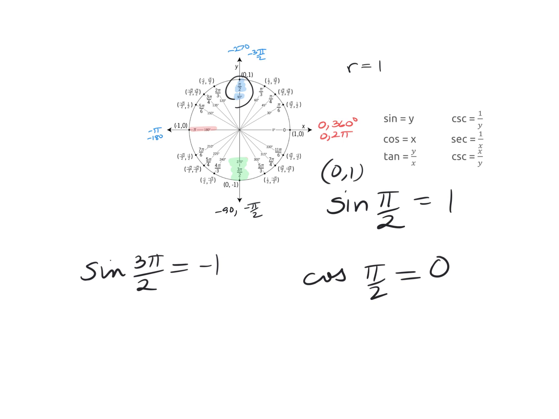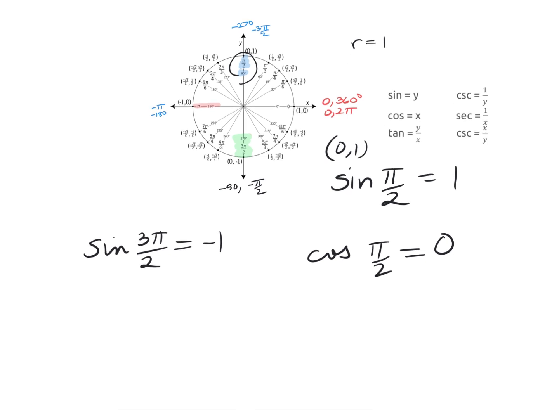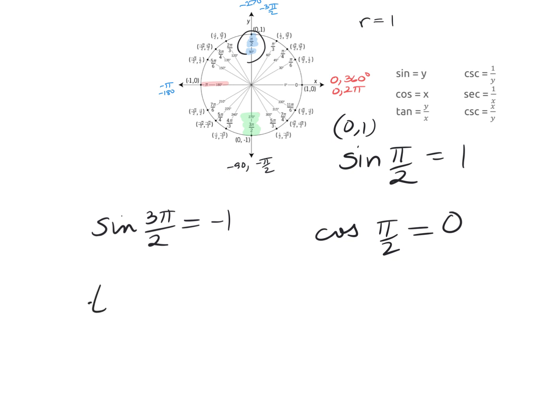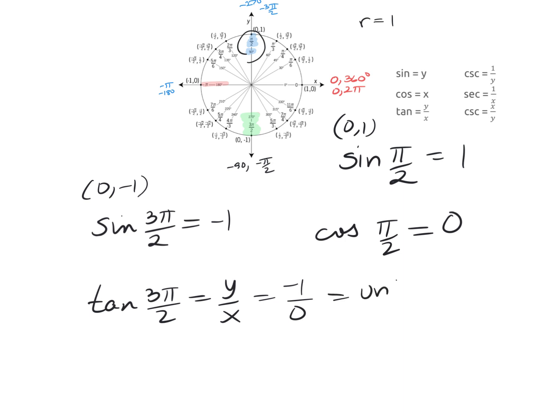If I ask you to do tangent, let's do tangent of 3 pi over 2. Remember, tangent is y over x. So again, the 3 pi over 2 ordered pair is 0, negative 1, so negative 1 over 0, and this is going to be undefined or no solution.